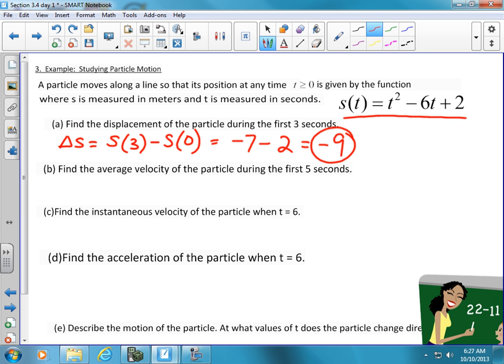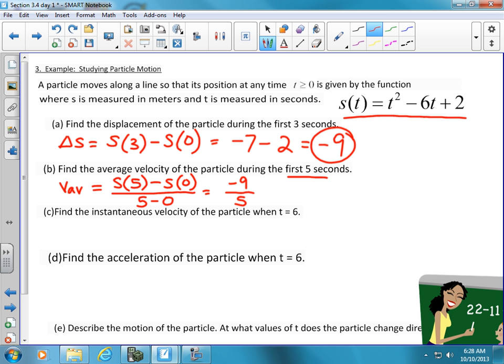The next problem is find the average velocity. The average velocity is, and then it says during the first 5 seconds. So we're going to take the position at 5 minus the position at 0 over 5 minus 0. That gives us our average velocity. So we already found that the numerator is negative 9 over 5. So this time we have negative 9 fifths.